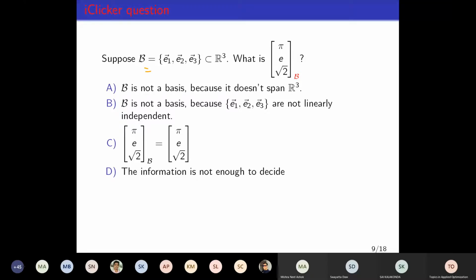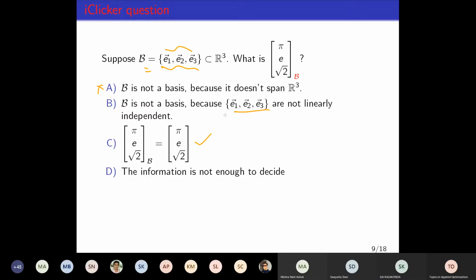I'm a little bit not sure about this question because I don't see any change in the ordering. And the question is asking for (pi, e, square root 2) with respect to B. But this should be similar because there are no changes I can see. So B is not a basis is false, because e1, e2, e3 are canonical, that's fine.